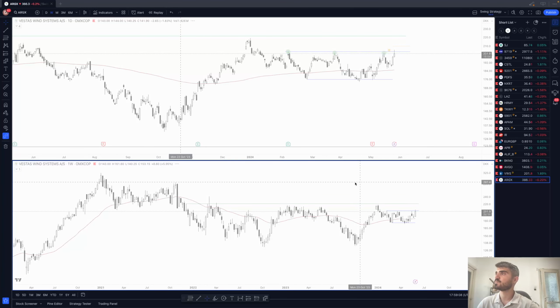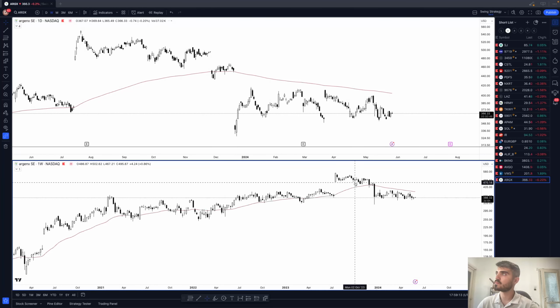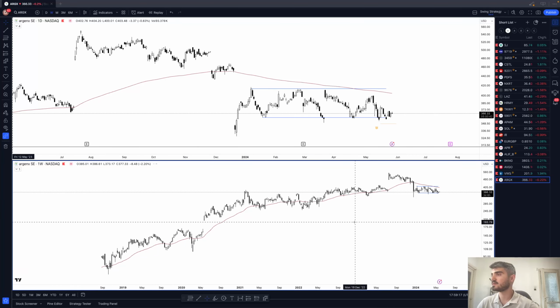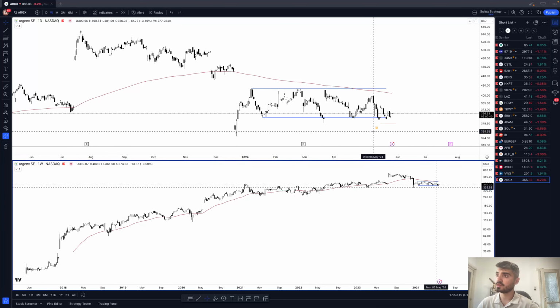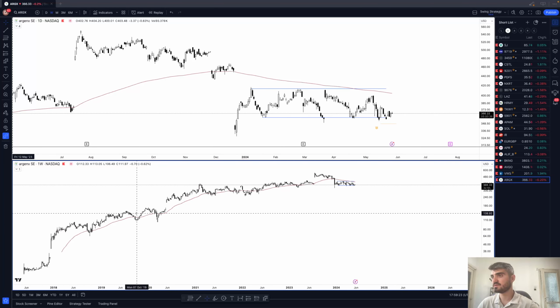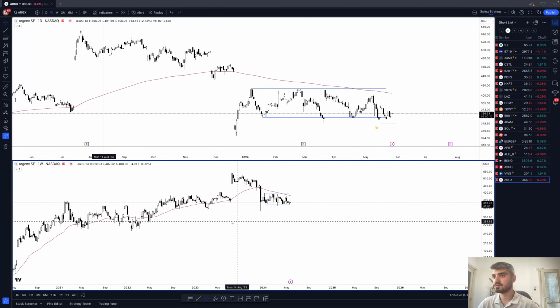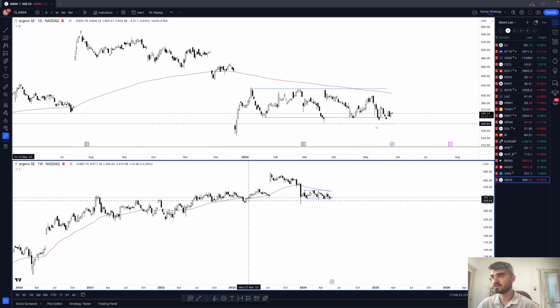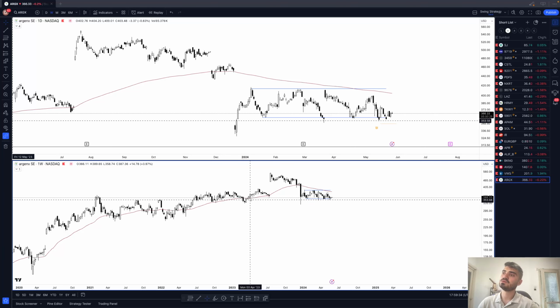ARGX, okay, another rectangle, actually a good looking rectangle. We are coming from several years of an uptrend, a gradual and slow uptrend. In the last few years, more of a consolidation along with an uptrend.